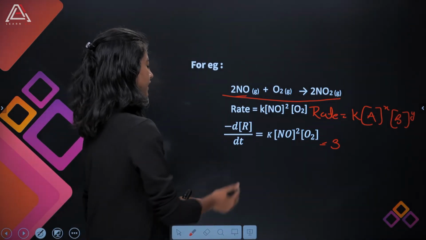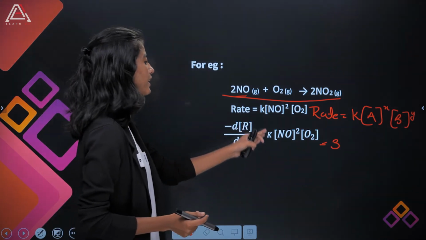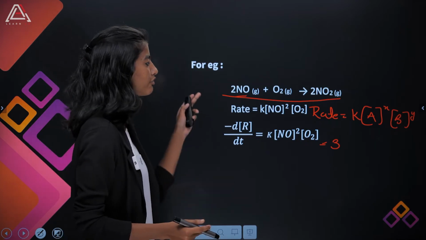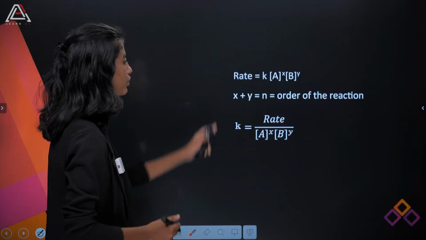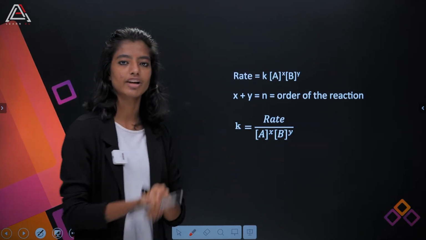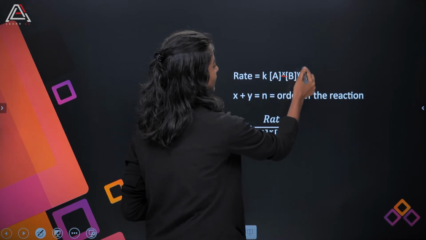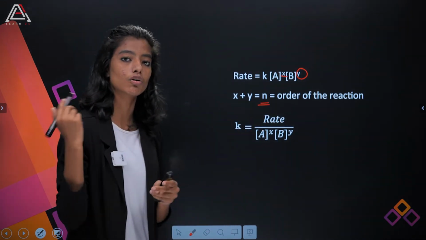And also I can write it as minus d[R] divided by dt gives K into concentration of NO power 2 into concentration of O2. Now, as I told you, rate is equal to K into concentration of A power X into B power Y. So, the X plus Y will give you N. It is the order of reaction as we always know.